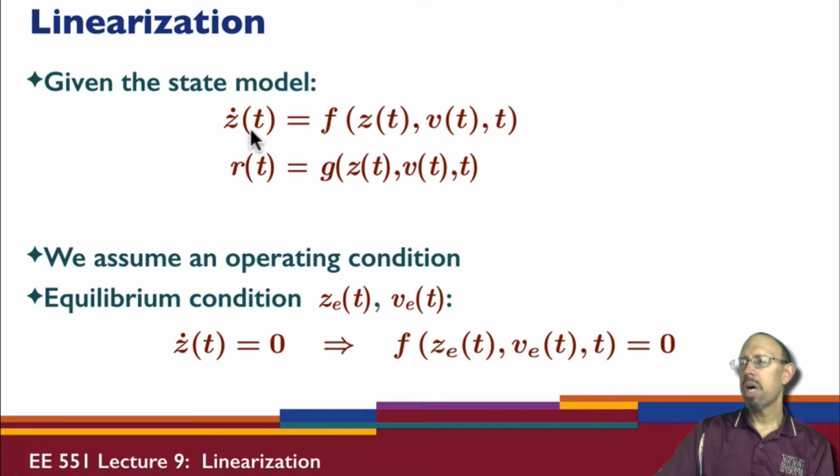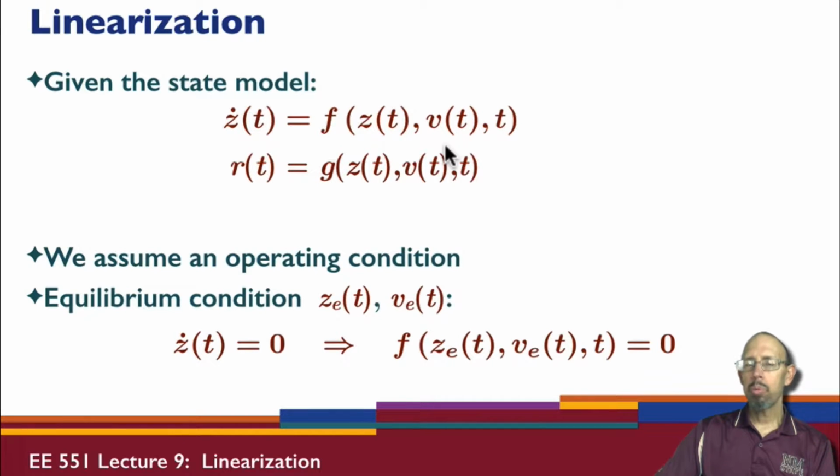So given a state model, z dot is equal to f of z and v, so here is a linear time-varying system. The output equation, the output r, is also in general a nonlinear function of the state z and the input v.